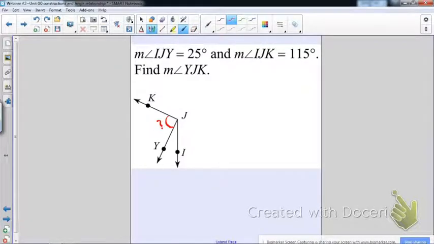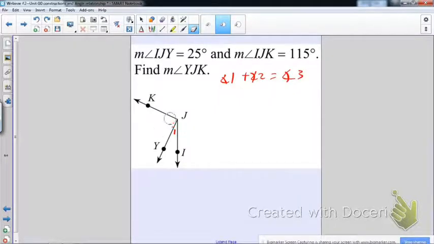Now, what you should know is that if you have a small angle and you have a second small angle, so you have angle 1 plus angle 2, it will give you the entire angle 3. So from here, let me erase this really quick. So from here to here, which will be KJI, that will be considered angle 3.